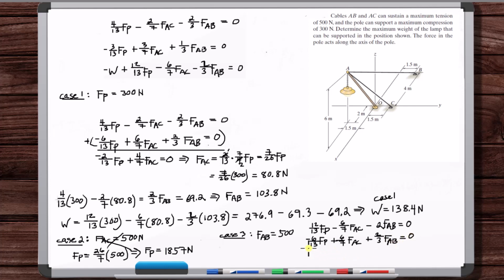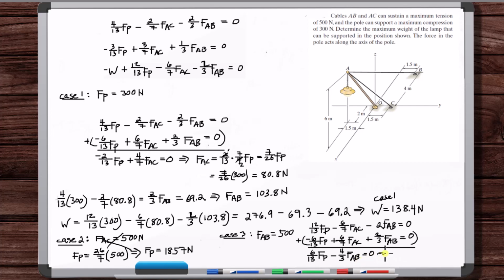Okay, so now let's just add these two equations, and we're left with, minus 2 plus 2/3, so minus 6/3 plus 2/3. Right, so we got FAB, well, this is equal to 0.